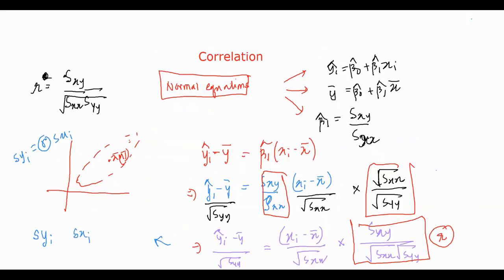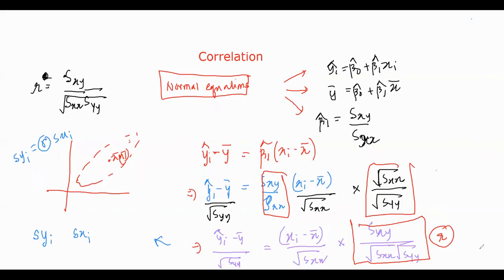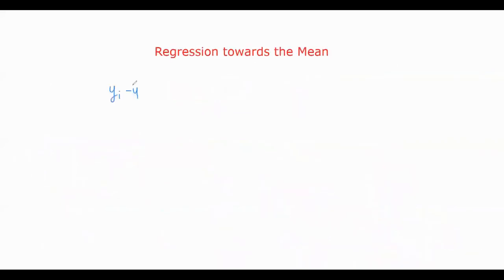So now, understand regression towards the mean. What we got from the previous video, guys, if you observe it very carefully, is this last one: (yi minus y bar) by root over Syy is equal to r times (xi minus x bar) by root over Sxx.